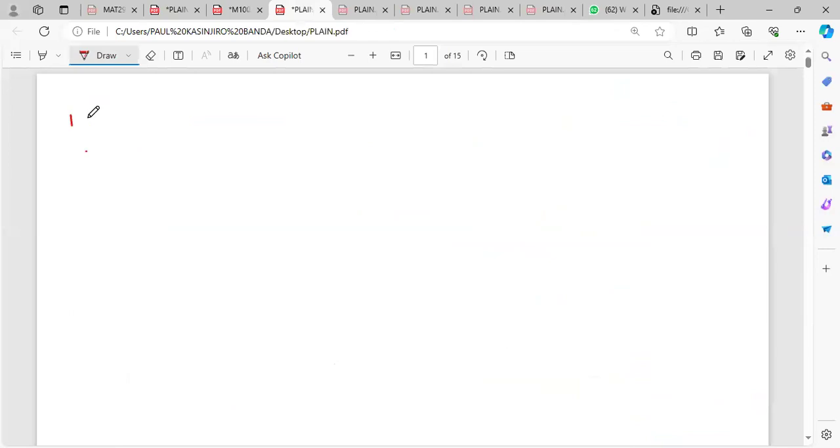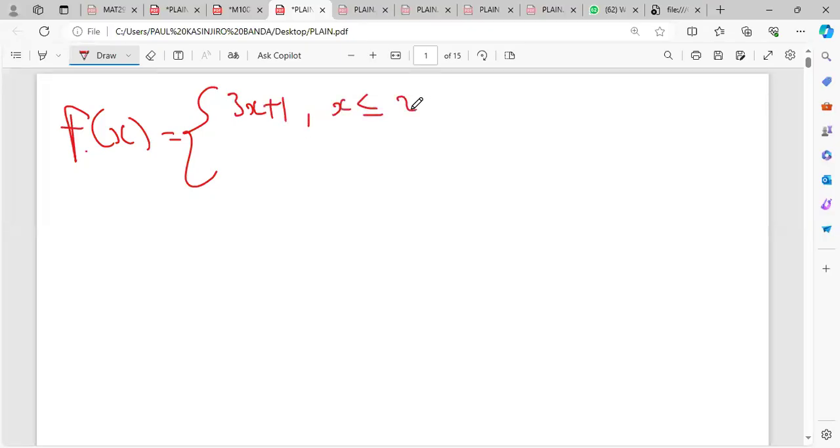So my piecewise function is f of x is equal to, we have 3x plus 1 for the region x is less than or equal to minus 2. And then we have x squared minus 1, which region?